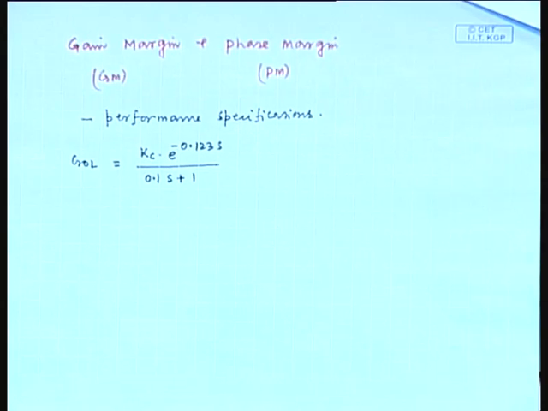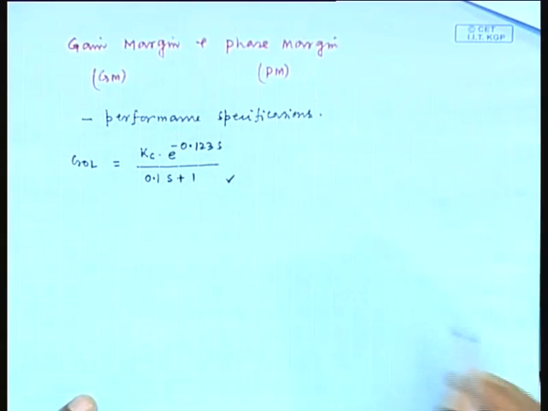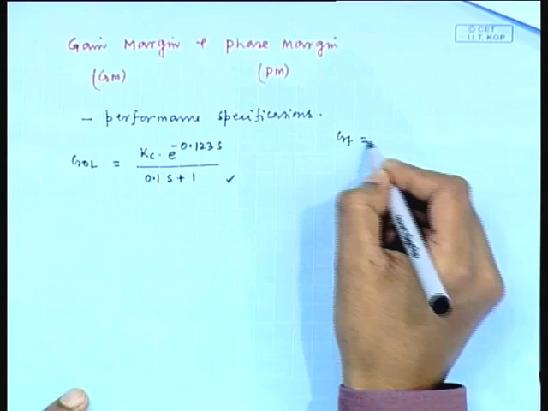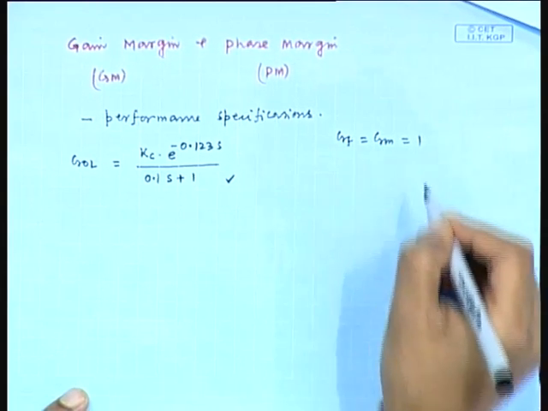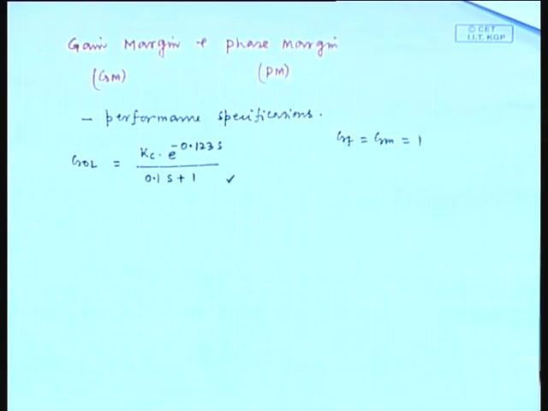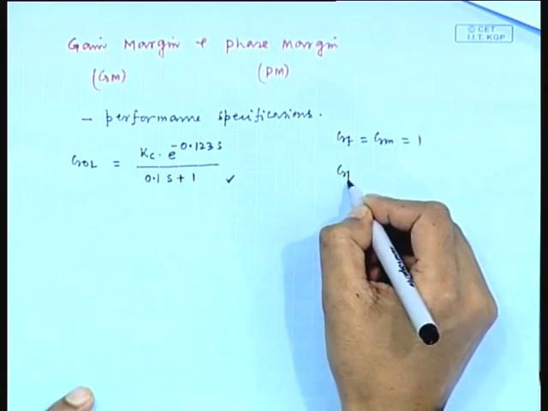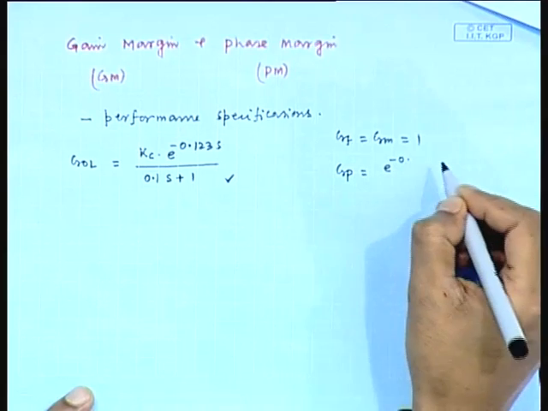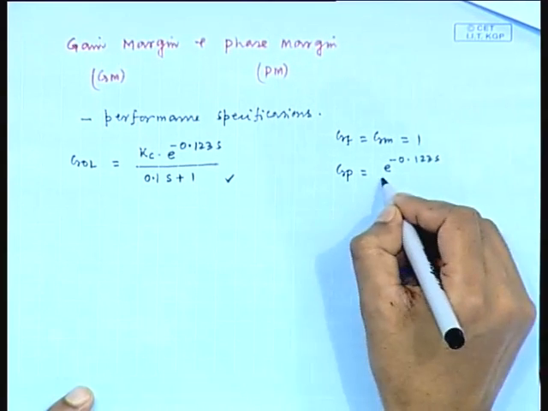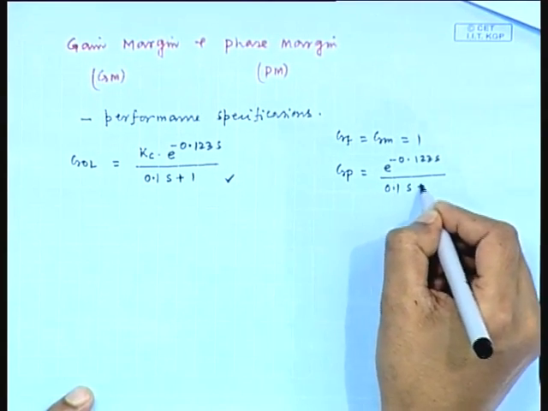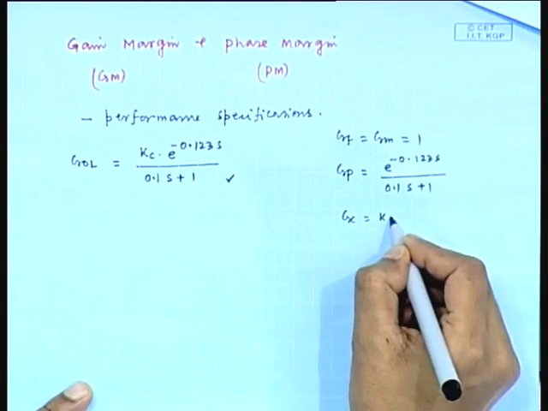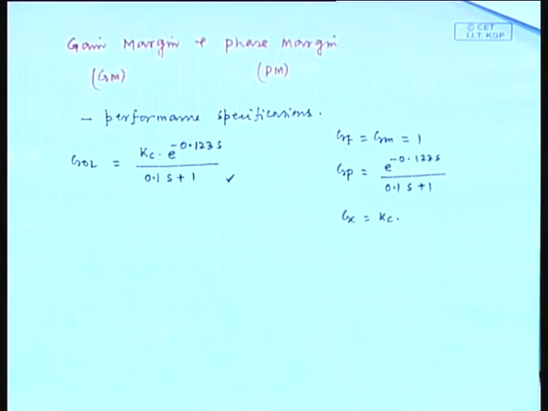To discuss the gain margin and phase margin concept, we consider this example, where Gf and Gm both are equal to 1, and the transfer function for the process we consider exponential minus 0.123 s divided by 0.1 s plus 1 and Gc equals Kc.